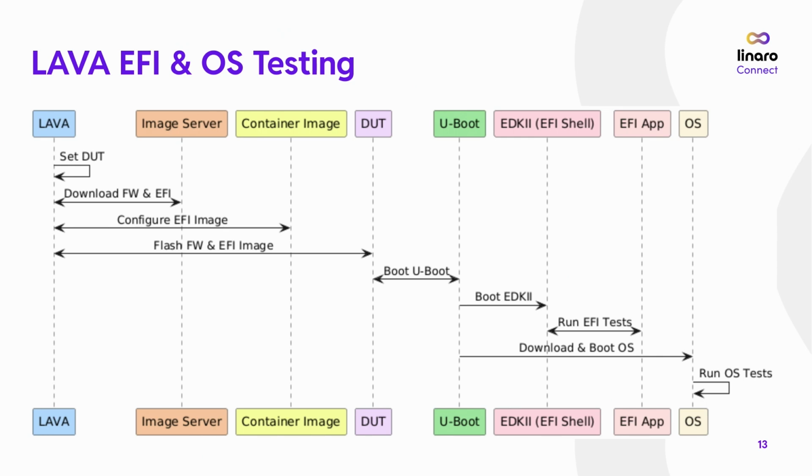Then it runs the test, finishes running the test, and downloads and boots the OS. At the end, it gets to the prompt of the OS, running the OS test. This is, for me, a very good diagram because it introduces how the test normally runs on Lava.